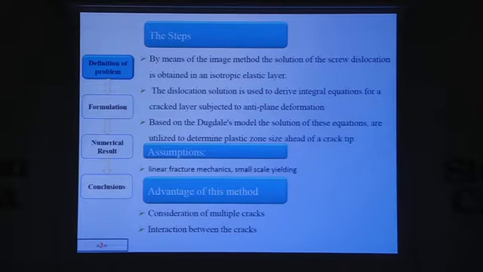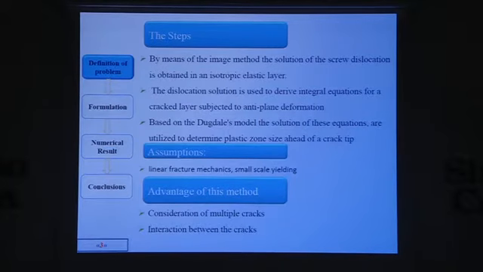We will use the distributed dislocation technique, and this is a very efficient technique. This technique has some advantages, such as possibility of consideration of multiple cracks and the possibility of consideration of interaction between the cracks. First, we will find the screw dislocation solution using the image method.